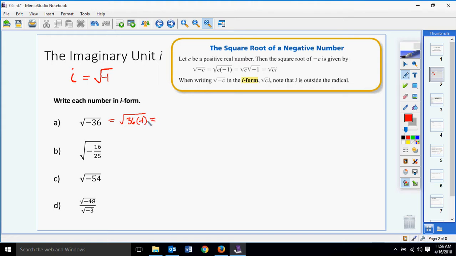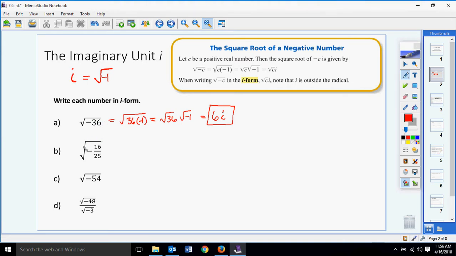Following our radical rules, we can split this up as the square root of 36 times the square root of -1. The square root of 36 is just 6, and the square root of -1 stands for i. So this is imaginary form. This is the imaginary number 6i, and it's equivalent to the square root of -36.